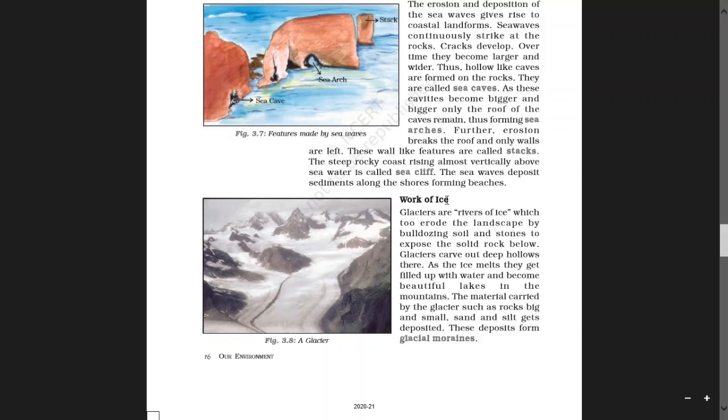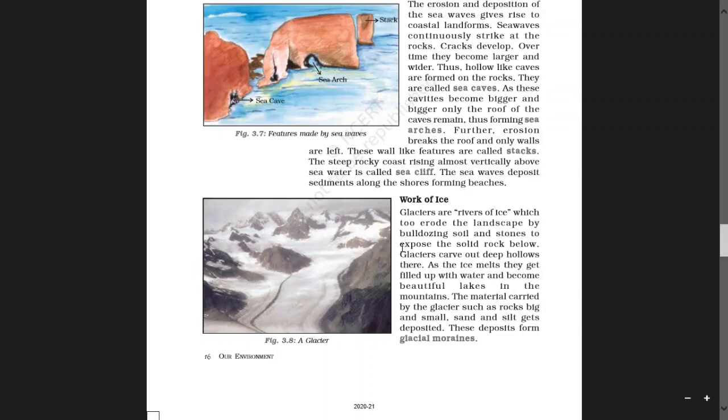Work of ice. Glaciers are rivers of ice which erode the landscape by bulldozing soil and stones to expose the solid rock below. Glaciers means ice; you can see the frozen ice.